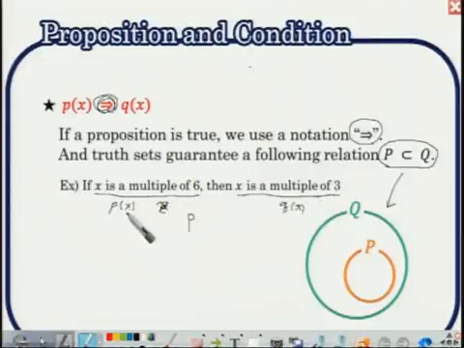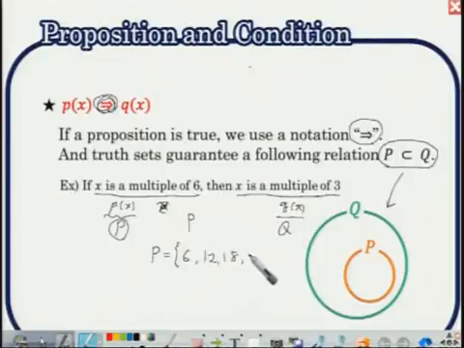The truth set of p(x) is written like this, large P, and the truth set of q(x) is written like this, Q. What is included in set P is x that is a multiple of 6, so there might be 6, 12, 18, 24, and so on.